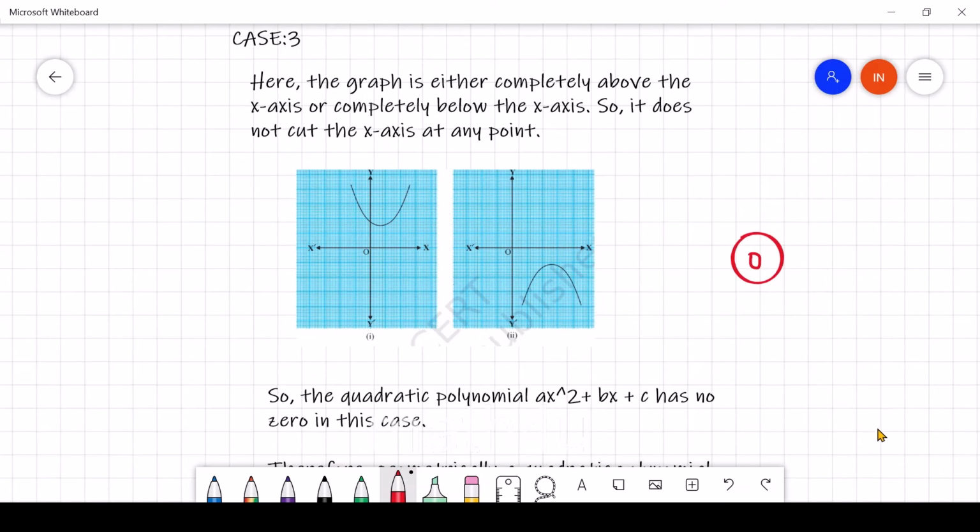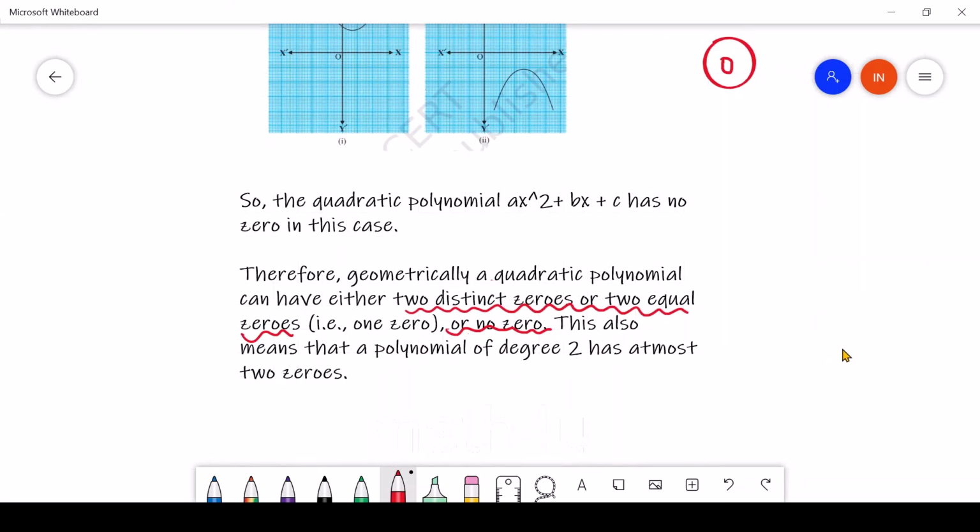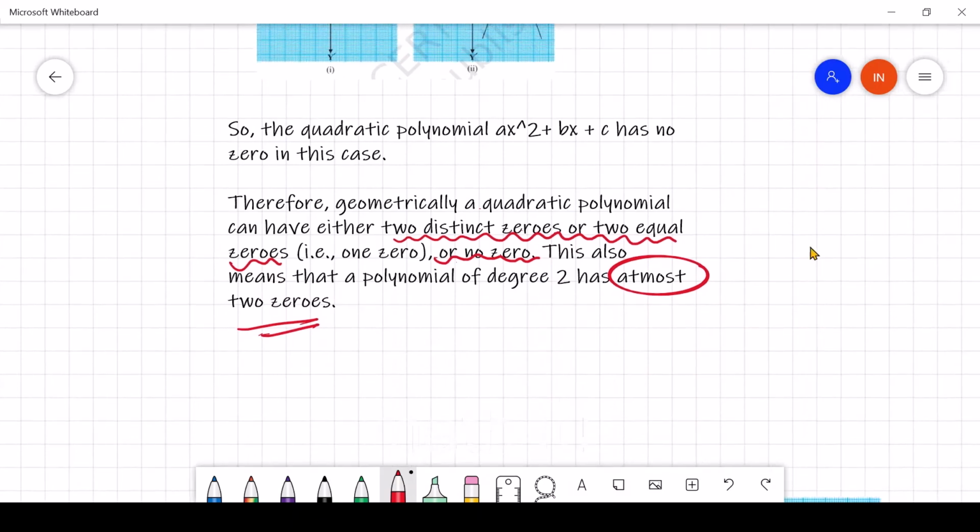In the third case there are no zeros. So that is why we can say that a polynomial of degree 2 has at most 2 zeros. It can have only 1 zero, no zeros, or 2 zeros, but not more than 2. That is what it means. So at most 2 zeros for a quadratic polynomial.